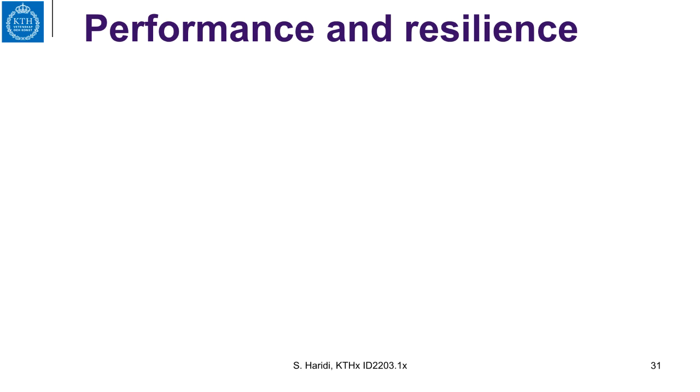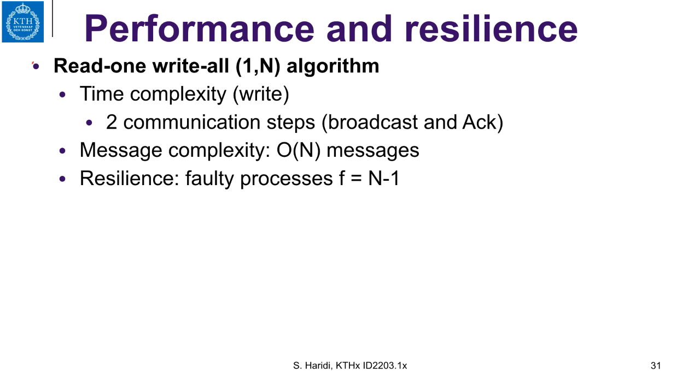So now let us look to the performance and the resilience of the two algorithms that we just described for regular registers. We had the read one, write all algorithm. The read was local, so there is no communication for the read, and the time complexity of the write is two communication steps, one for the broadcast and the other for the acknowledgement from each process that is correct.